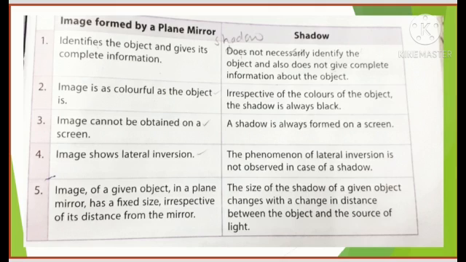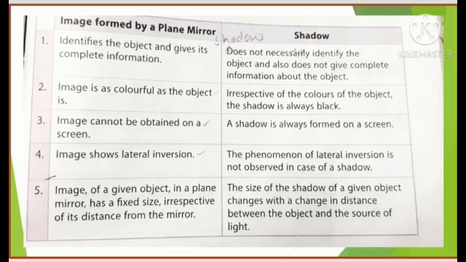And now the last one, the image of an object in a plane mirror has a fixed size irrespective of its distance from the mirror, while the size of the shadow of a given object depends upon the relative position of the source of light and the opaque object. This is all about the difference between the two, image and shadow of an object.